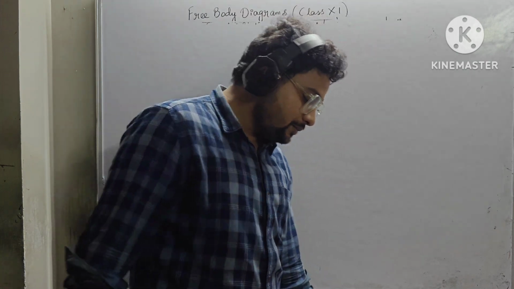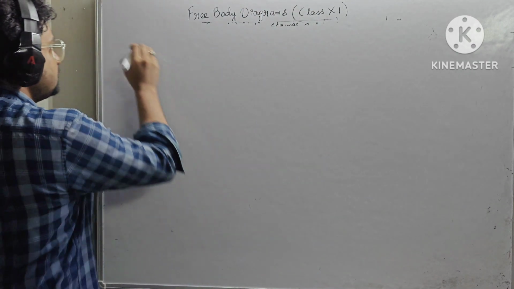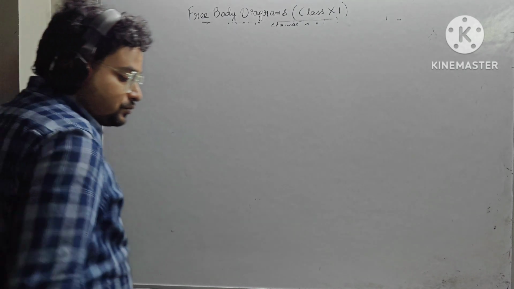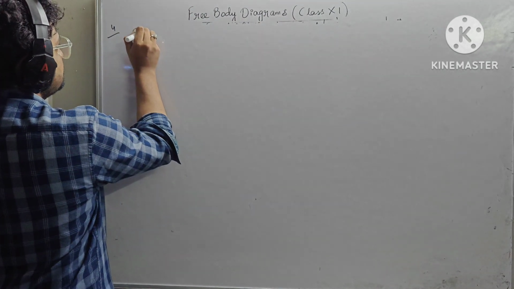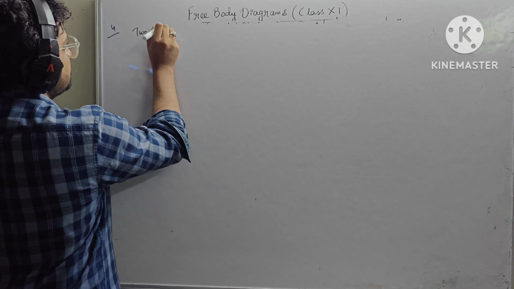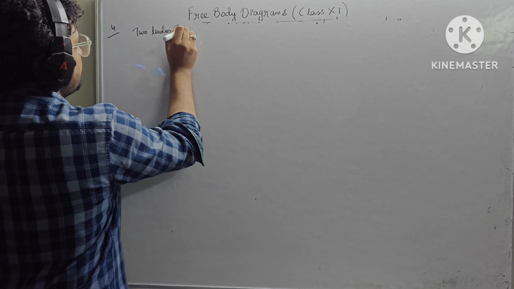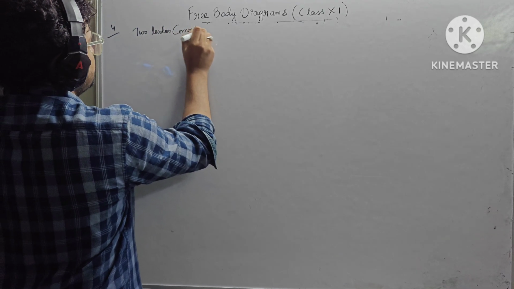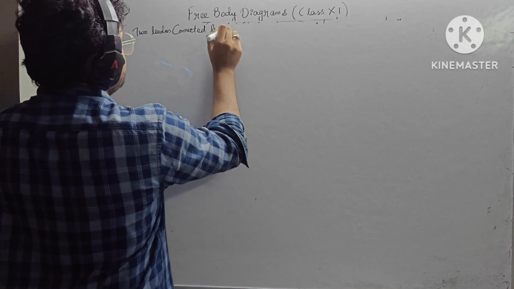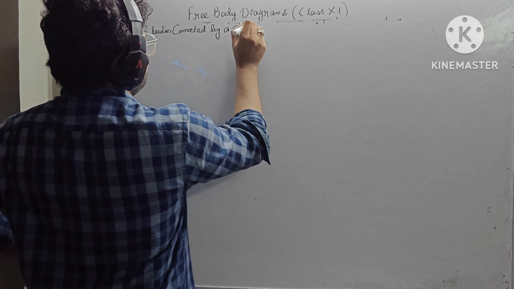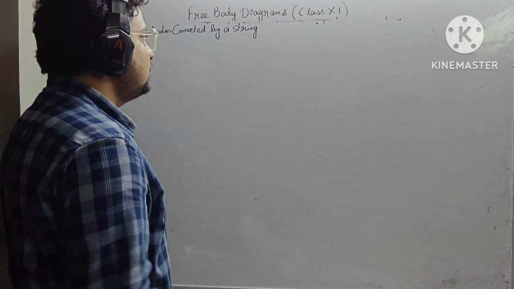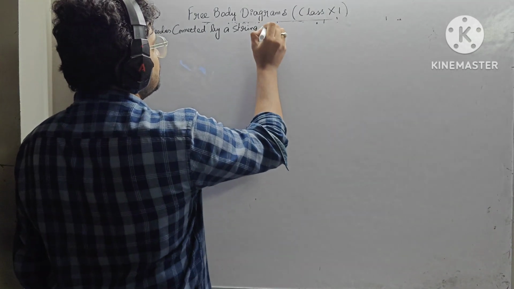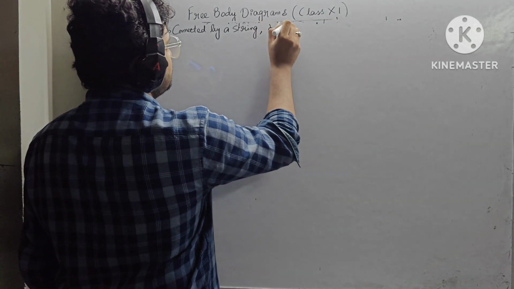So now I am writing this one, number 4. 2 bodies connected by a string, and 1 body passing over a pulley.